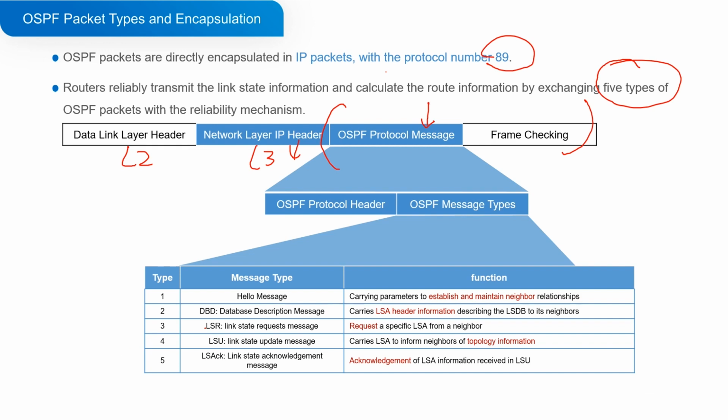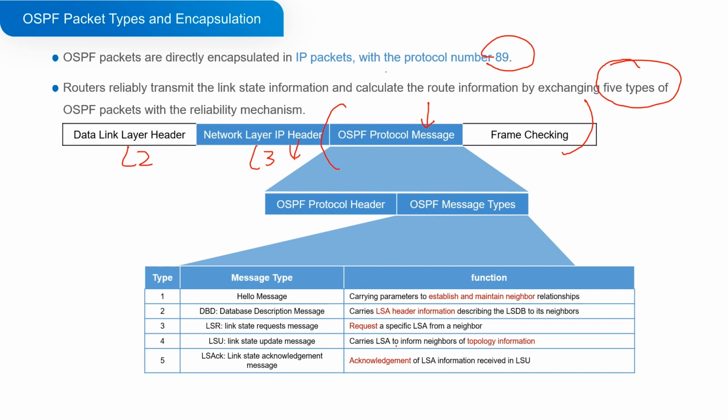The LSR means the link state request message. So the router will use the LSR to request the LSA information. Okay, and after the router sends the LSR and the peer router receives this packet, the peer router will answer with the LSA.